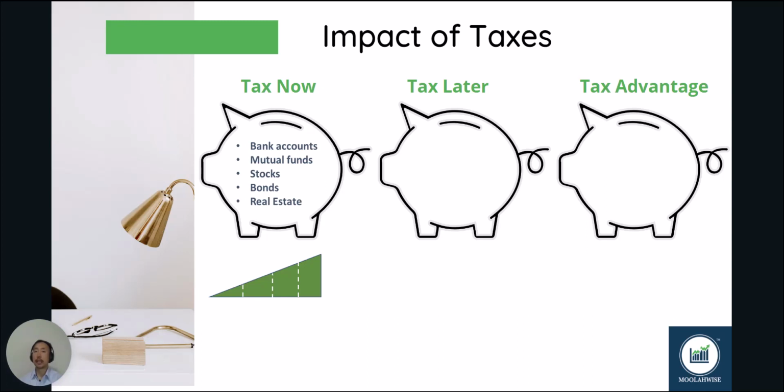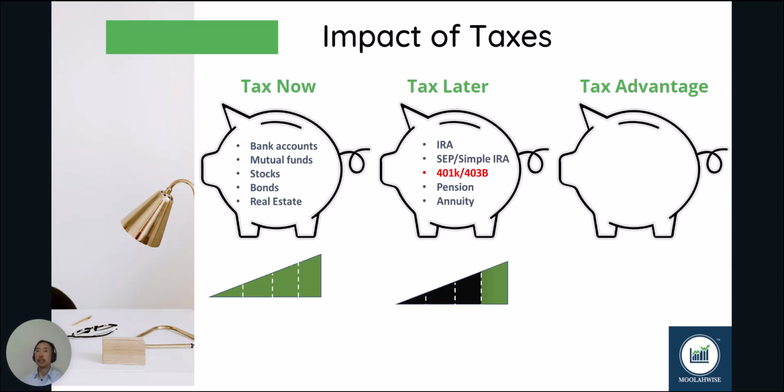And the benefit of this account is that the money in this account is very liquid, except for real estate. But I just put this in because a lot of people love real estate. But yeah, the money in these accounts is very liquid, except for the real estate. I just put that one in there because it's tax now.